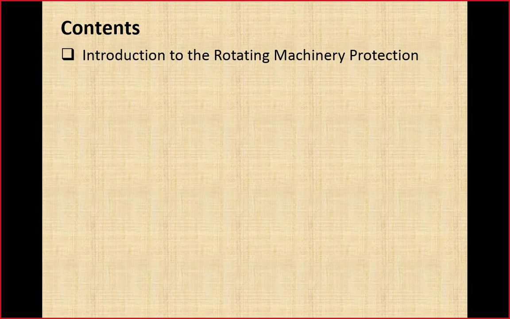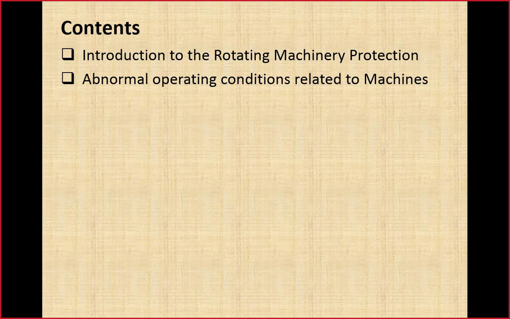Contents of our today's lecture are: at the start there will be introduction to the rotating machinery. Then we discuss what are the abnormal operating conditions related to the machines which require protection, and out of those abnormal conditions we discuss stator fault today.